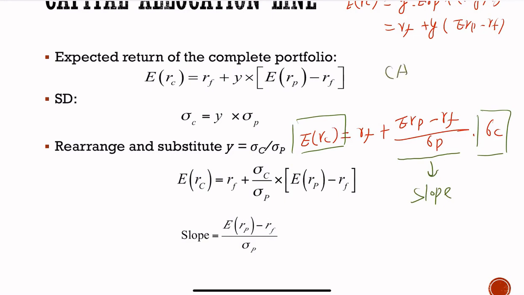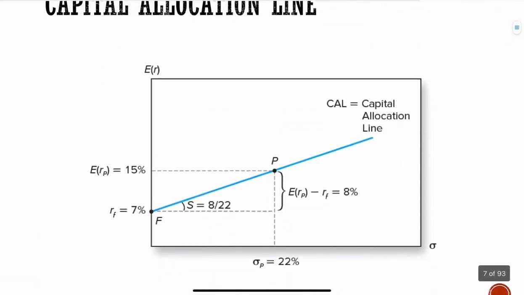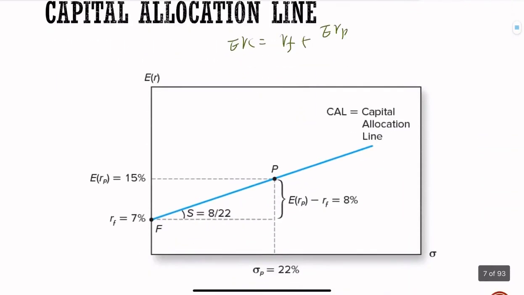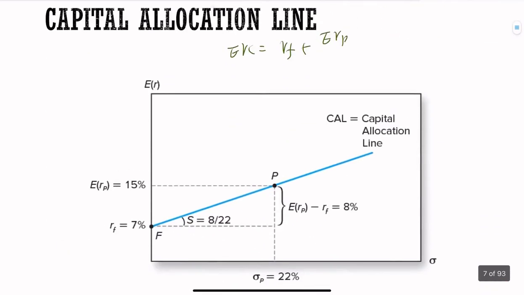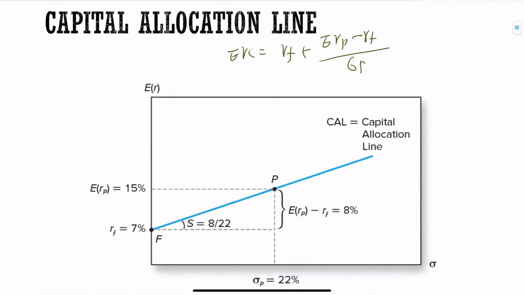And the capital allocation line is basically given by this equation. Okay, let's see what the capital allocation line is. So let me write this formula here. So E(RC) equals RF plus E(RP) minus RF, divided by sigma P, times sigma C.